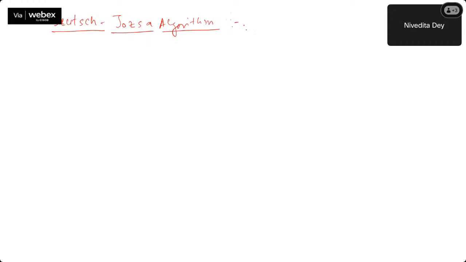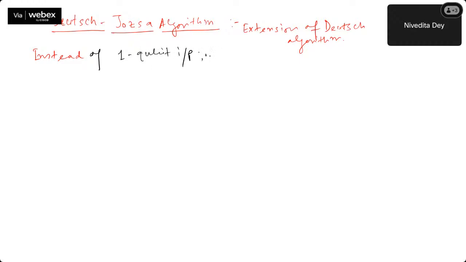So it is a kind of an extension of the basic Deutsch algorithm. Let me define the problem statement. Instead of a 1 qubit input, here we assume we take an n qubit input.